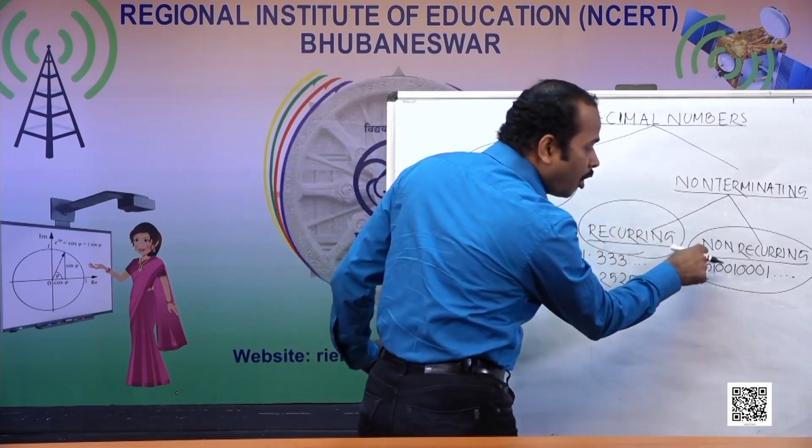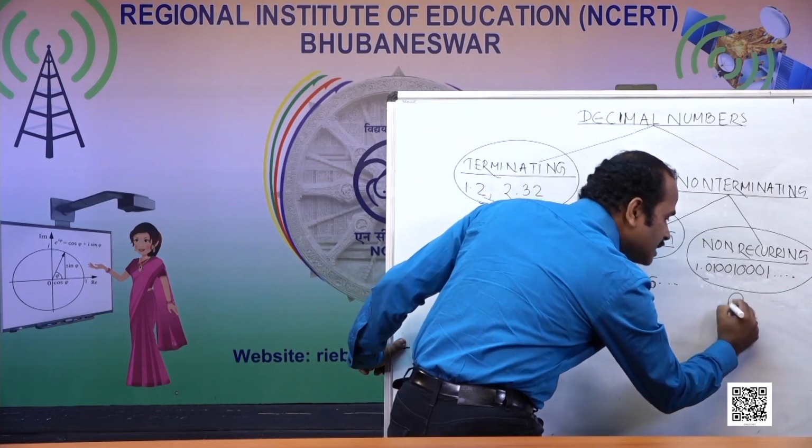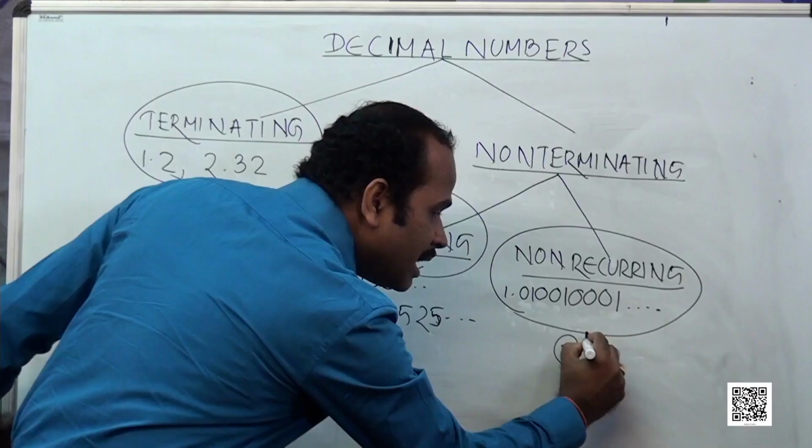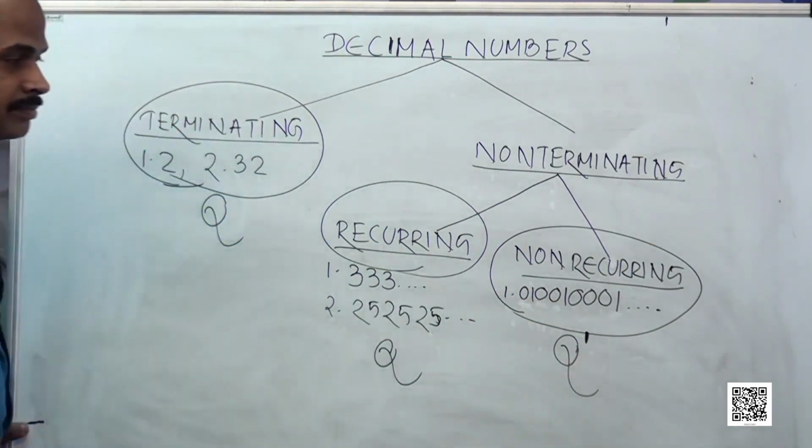But those which are non-terminating and non-recurring decimal numbers are called irrational numbers and denoted by Q dash.